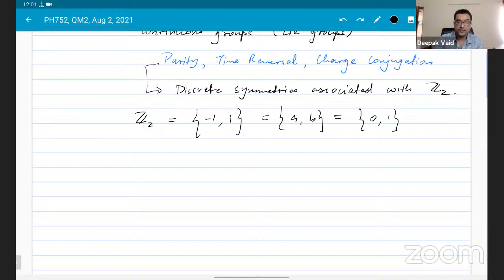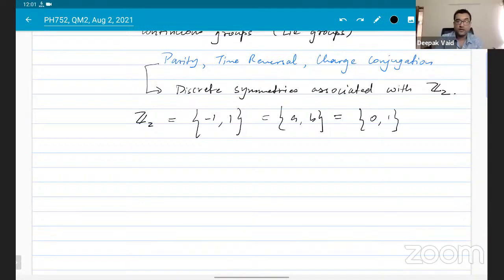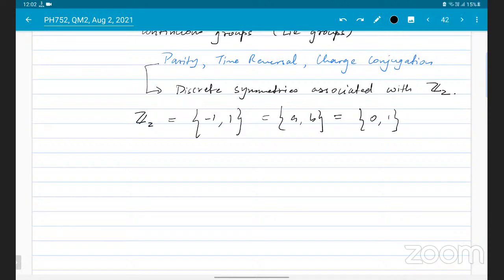Can you just raise your hands, or just say yes or no? So nobody's raising their hands or saying anything. Okay, all right. So I will give you the necessary introduction to groups. Sir, I don't think it was discussed in the first sem.